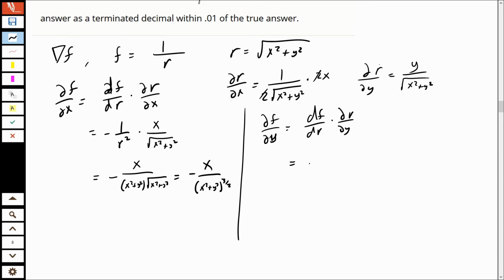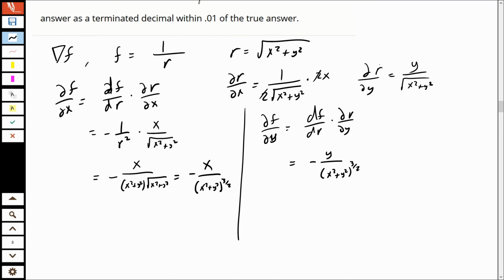This is going to be exactly the same thing, so negative y over (x squared plus y squared) to the 3/2. Right, because df/dr is the same in both cases, and dr/dy is exactly the same thing, just with y instead of x. So it's going to be the same.